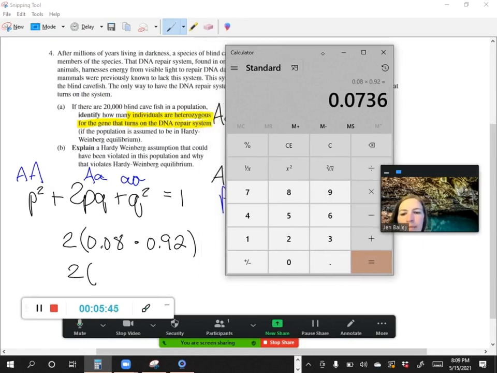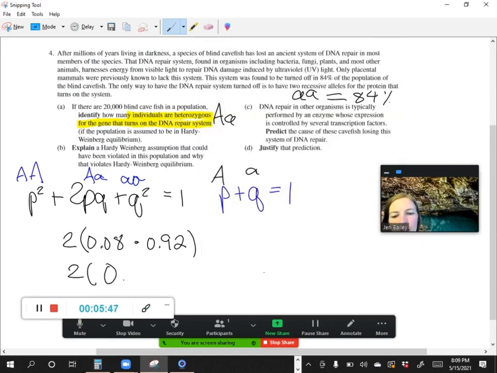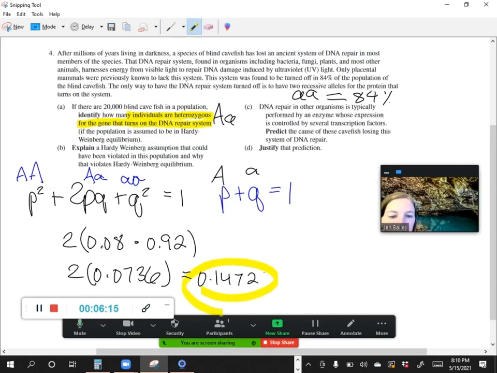Now we have to multiply that by 2, and you get 0.1472. So what in the world does this mean? Well, this is your percentage frequency. Another way you could write this is 14.72%, but that's not what we're doing here.